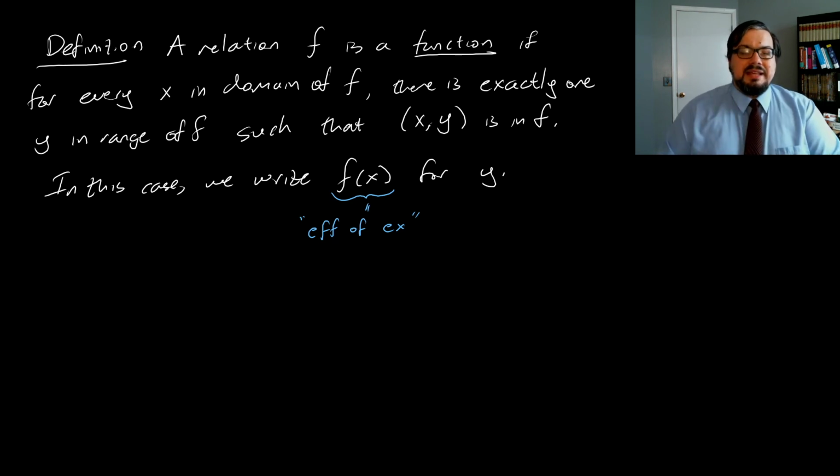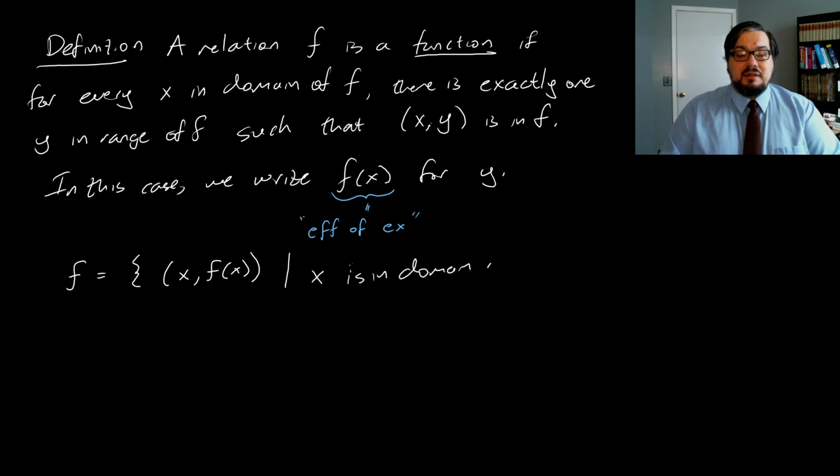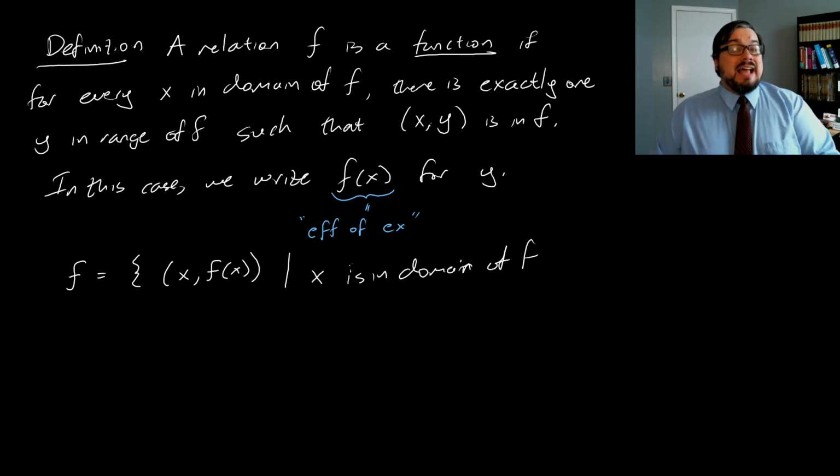And so what this means is that we can write down the relation f as the set of all pairs x comma f of x, where x is in the domain of f. F of x is just the second entry that goes along with the first entry of x in the relation f. And when we're looking at a function, there's only one element that does this.